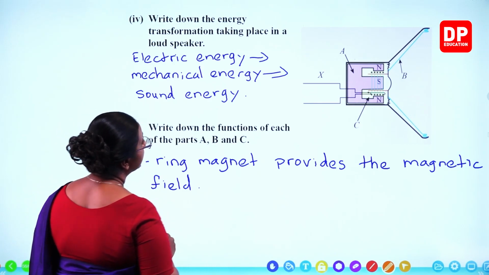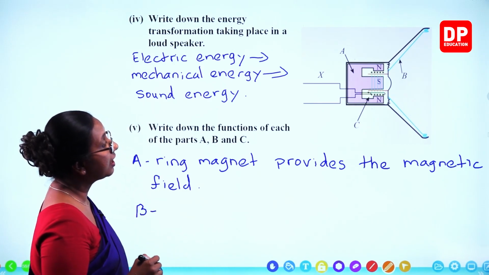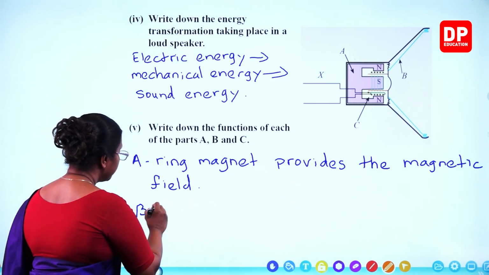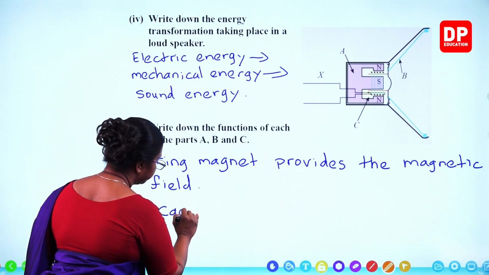Then B. What is B? B is the cardboard cone. So cardboard cone, what does that do?